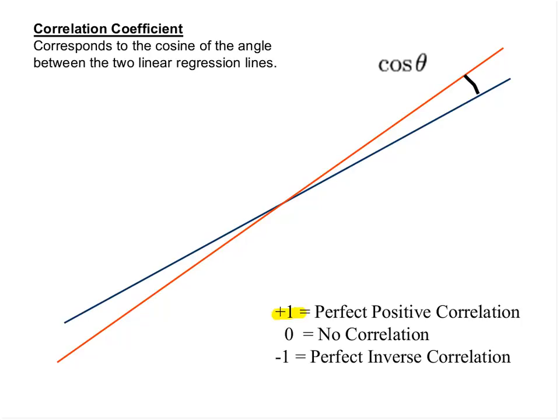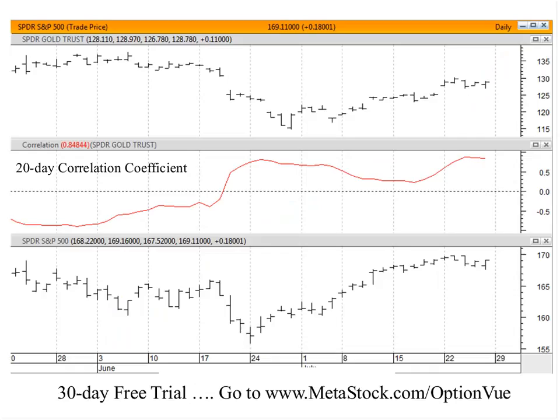+1 is a perfect positive correlation. 0 means there's no correlation at all. -1 is a perfect inverse correlation. So what we can do then is take the 20-day correlation coefficient, and every single day we begin to measure it.